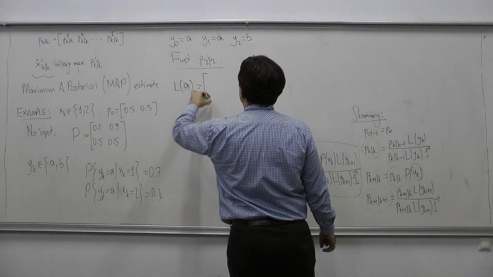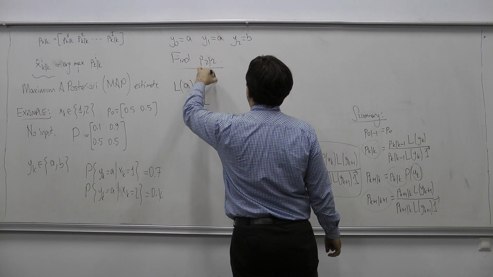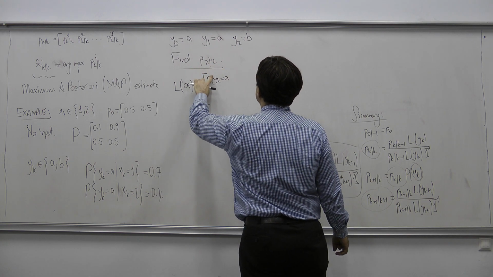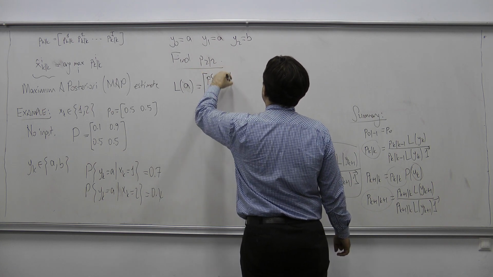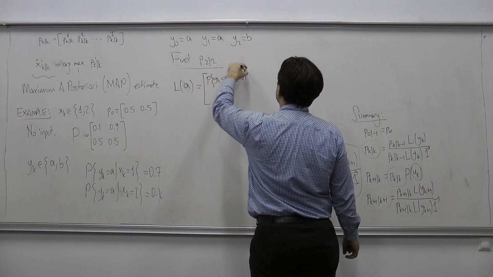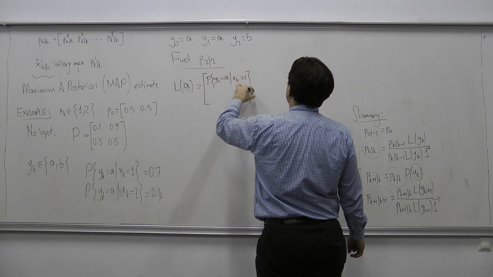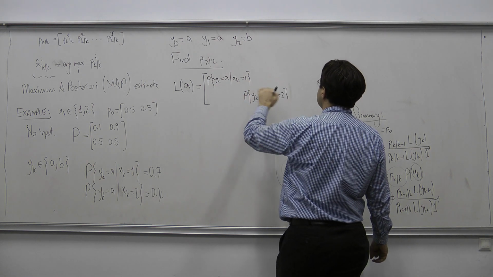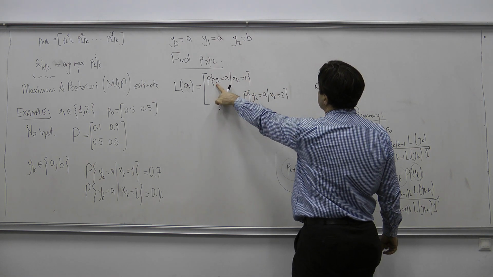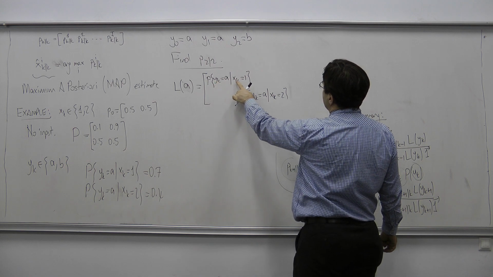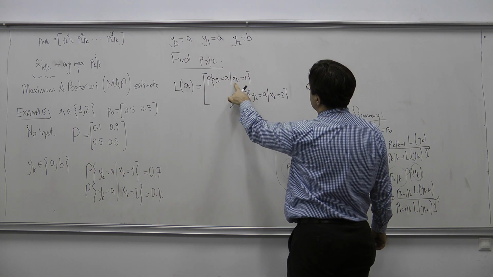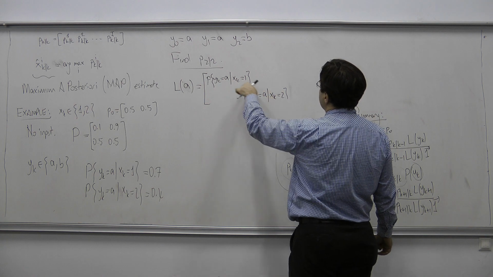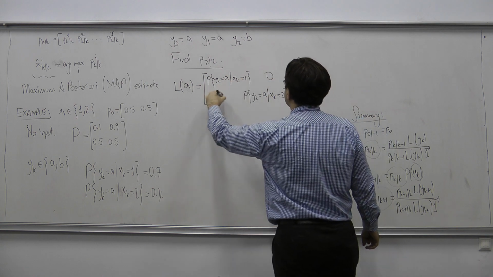This is going to be formed of elements: the probability that yk is equal to A given xk is equal to 1, and the probability that yk is equal to A given xk is equal to 2. Remember, the output is fixed, the argument is fixed, and we are looking at the likelihood function as a function of xk. So we have different xk values on the main diagonal. The off-diagonal elements are 0.